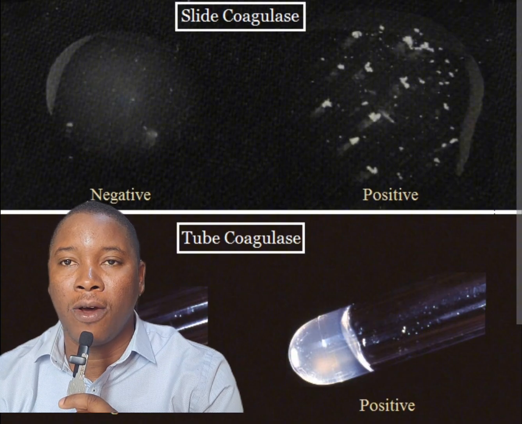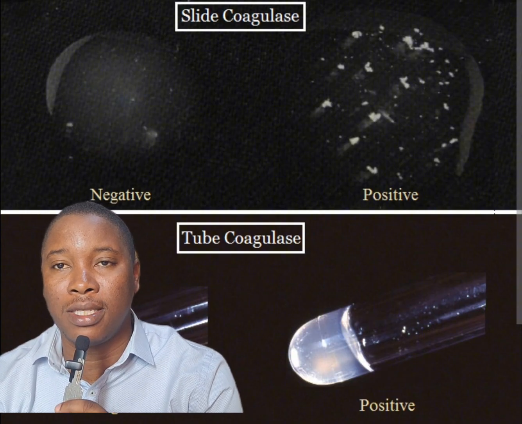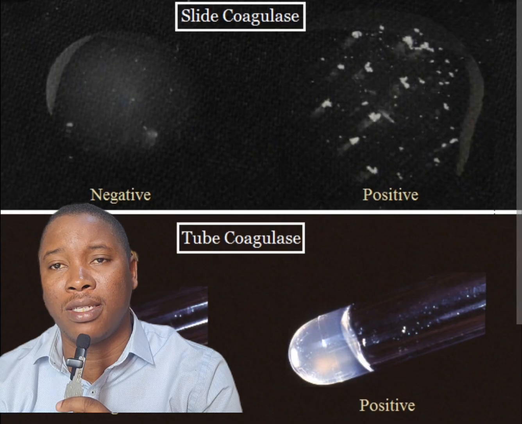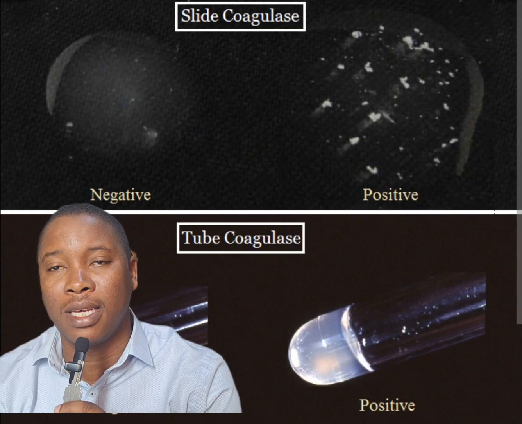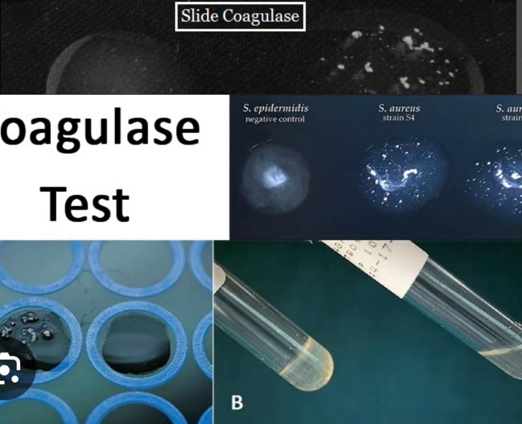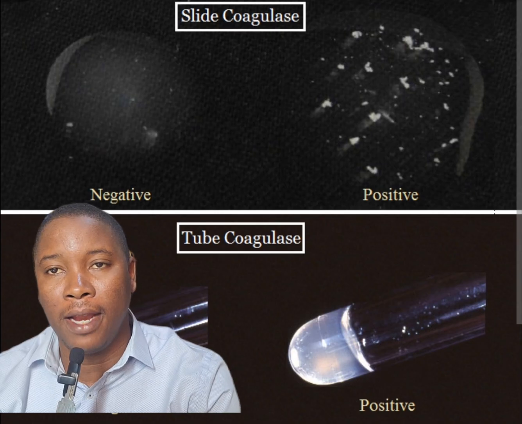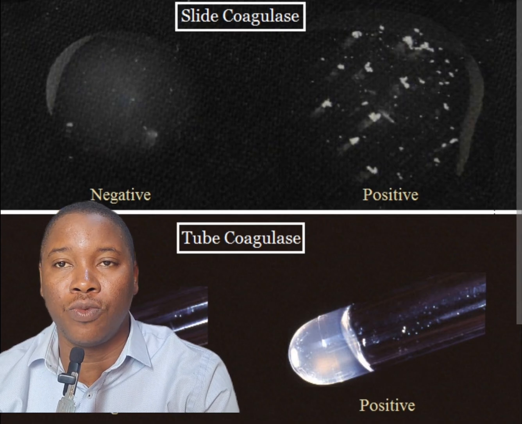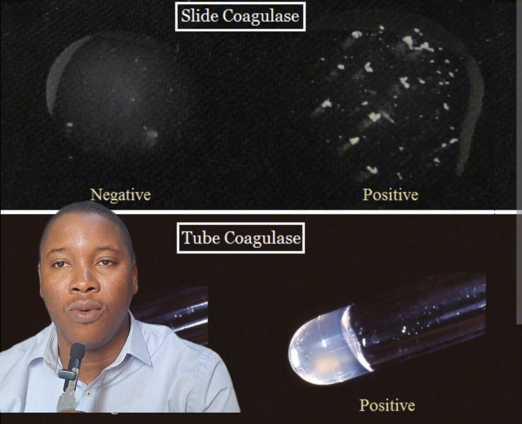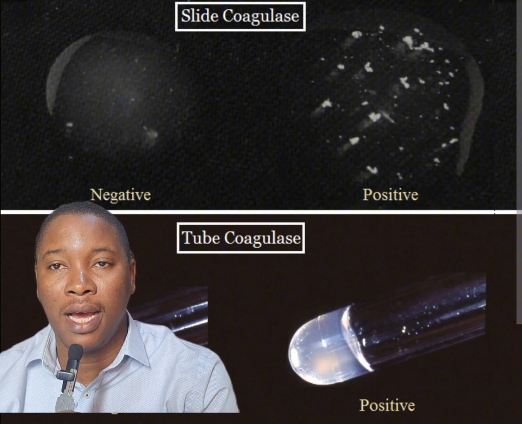Now, the importance of the coagulase test is that this enzyme coagulase has the ability to help to clot blood plasma, and this is very, very important. It has the ability to clot blood plasma. And what do you see that happens in clotting? When you look at a fresh wound and the wound now heals, what happens is that blood clotting has occurred.